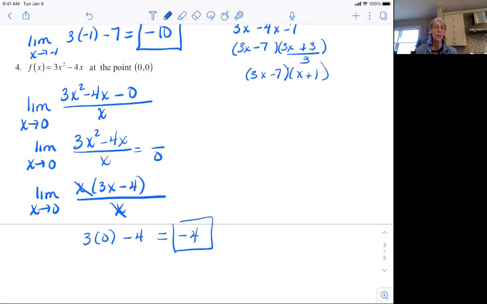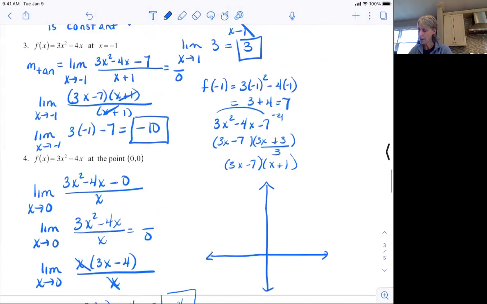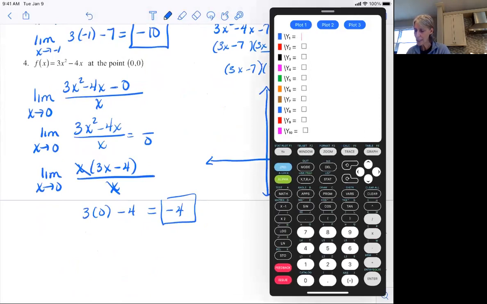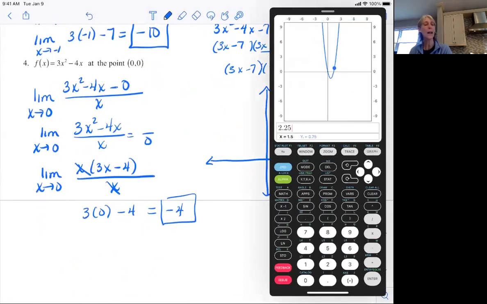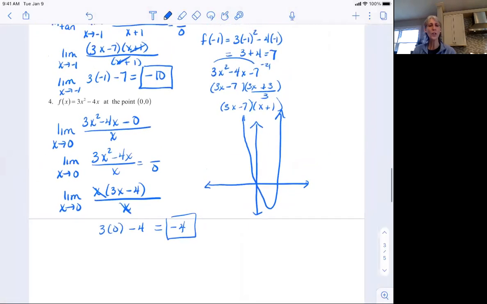And again, think about what we did here. If I look at the graph, y equals 3x squared minus 4x, okay, we have a parabola. It kind of looks like this. What did we just do?